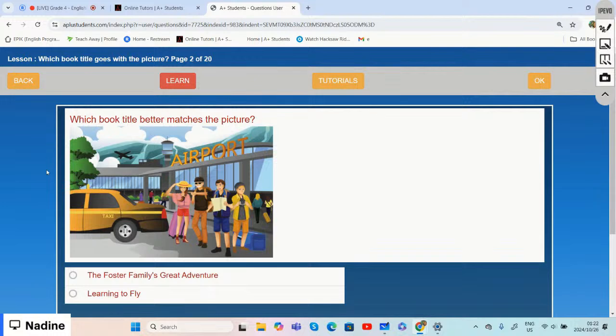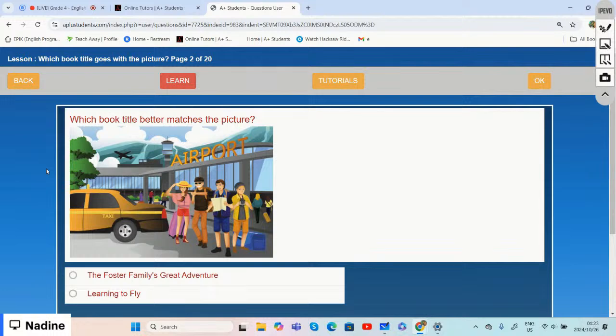The next one says, which book title better matches the picture? Do we say The Foster Family's Great Adventure or Learning to Fly? So The Foster Family's Great Adventure or Learning to Fly?